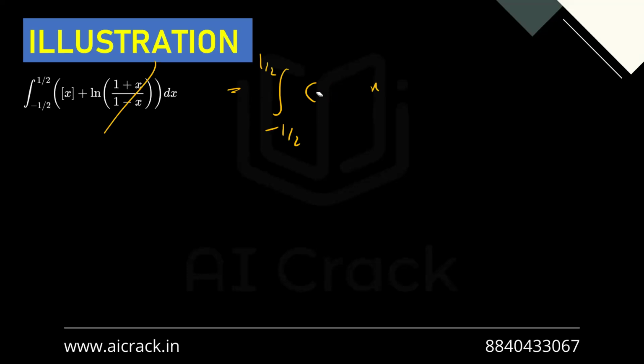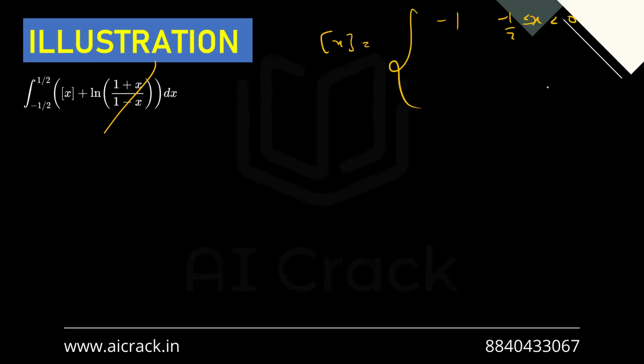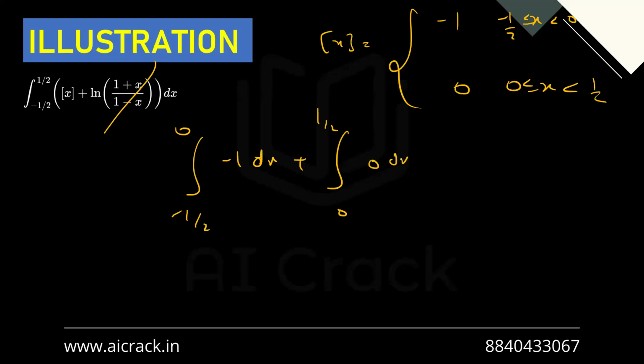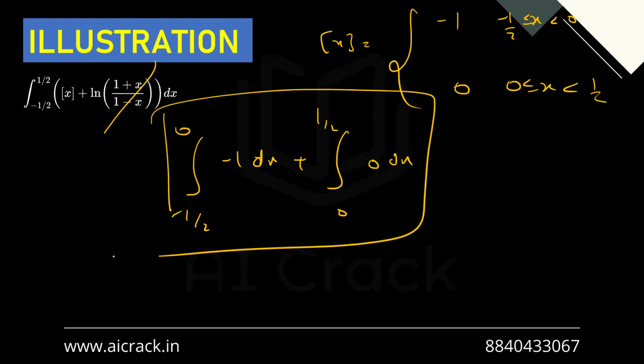The function can be defined as minus 1 when x is greater than or equal to minus 1/2 and less than 0, and when x is greater than or equal to 0 and less than 1/2, it would be 0 only. So this integral becomes the integral from minus 1/2 to 0 of minus 1 dx plus the integral from 0 to 1/2 of 0 dx. So this becomes our final answer.